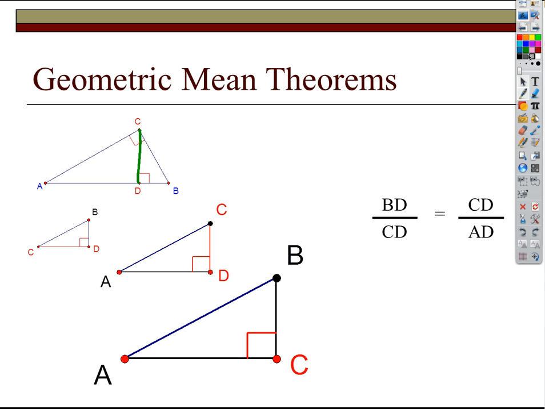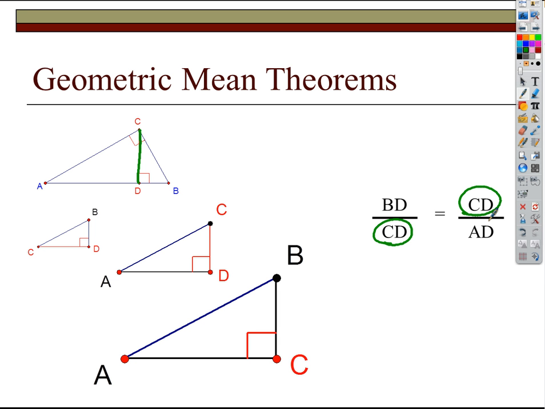So let's color that green. And remember, when we have a geometric mean, the geometric mean is going to be the denominator of one fraction in the proportion, and it's going to be the numerator of the other fraction, right? Okay, so there's my geometric mean.